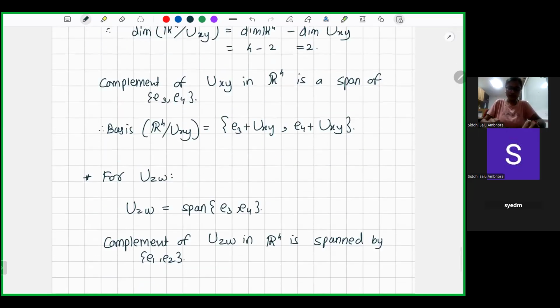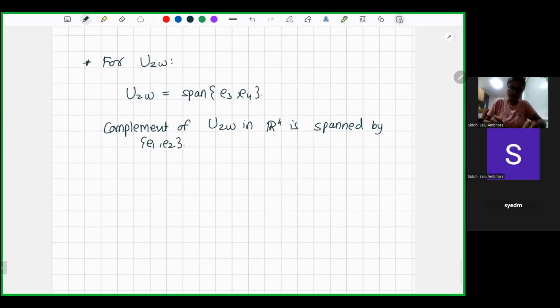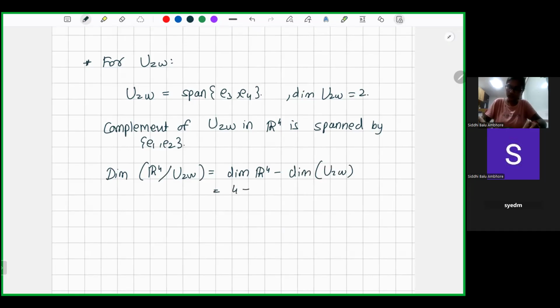So therefore the dimension of Uzw is 2. The dimension of R4 quotiented by Uzw will be the dimension of R4 minus the dimension of Uzw, that is 4 minus 2, that is 2.